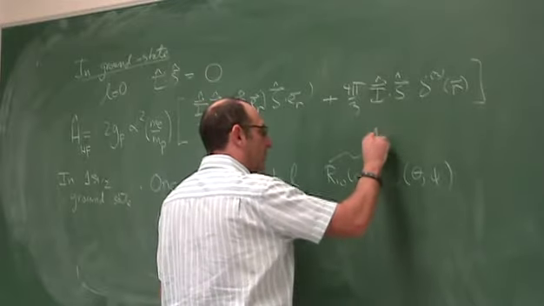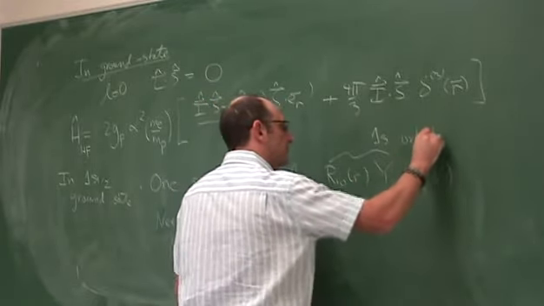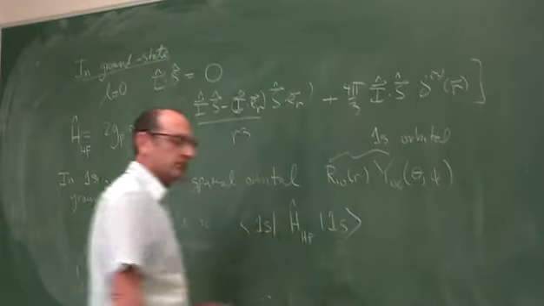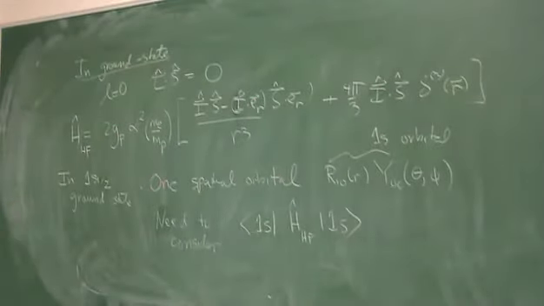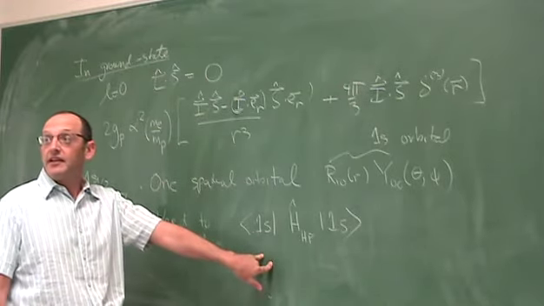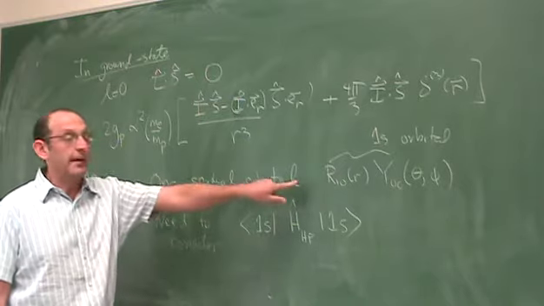So this is my 1s orbital. And then ultimately we have to think about the spin terms, but every matrix element in the 4x4 matrix is going to involve this average over the spatial distribution.